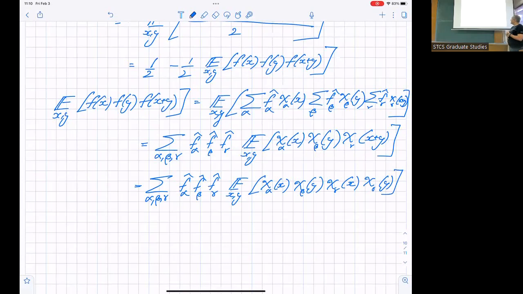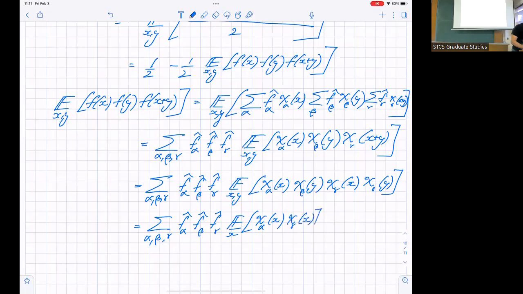Now x and y are independent, therefore I can break up that expectation into a product of expectations. I'm using the fact that x, y are independent.